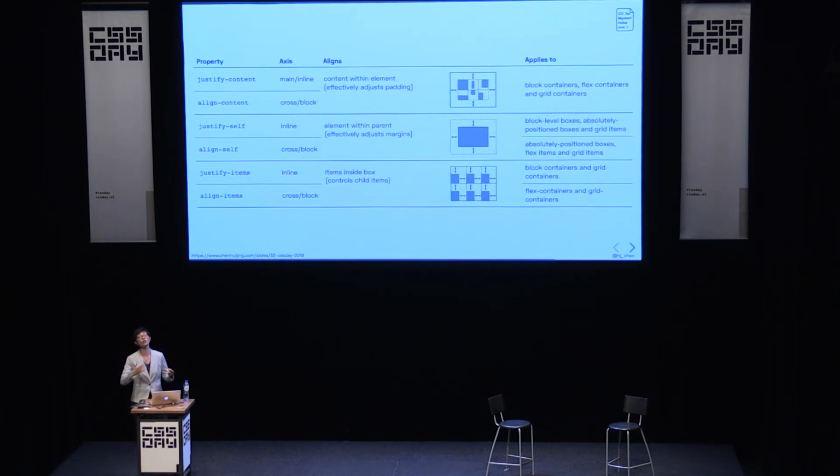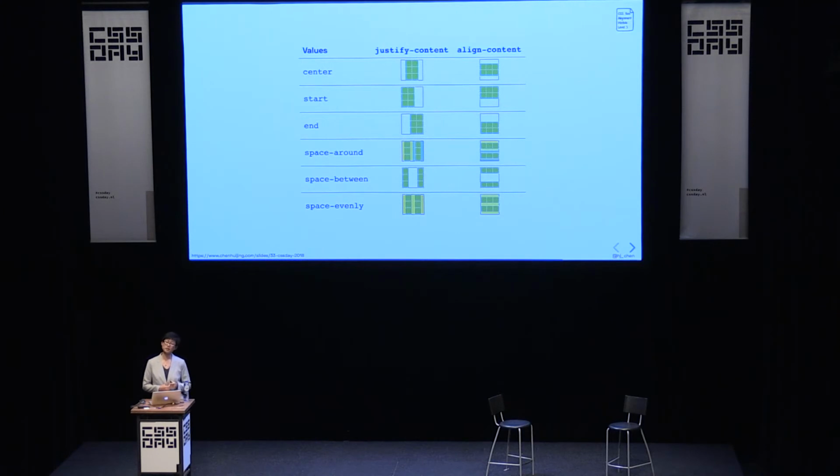CSS Grid uses all 6 of them, whereby Flexbox only uses 4 because justify self and justify items do not apply to them. Now, in the future, these box alignment properties will be applicable to block formatting contexts as well, which will make alignment a much more straightforward process than what we know now.